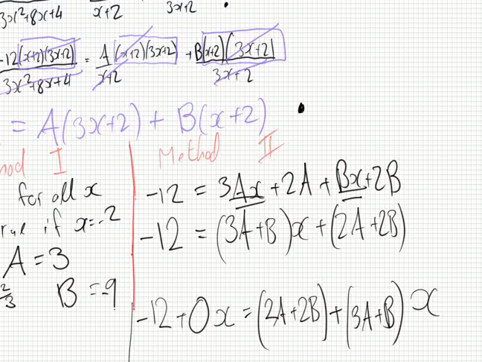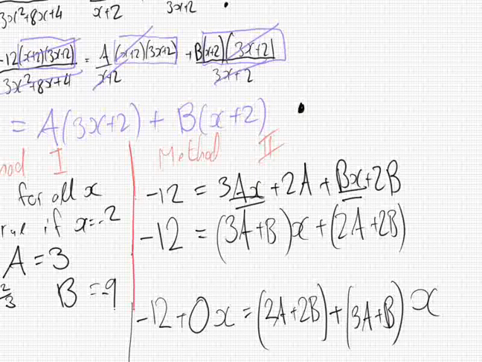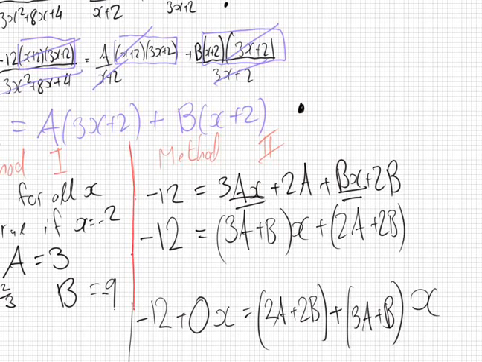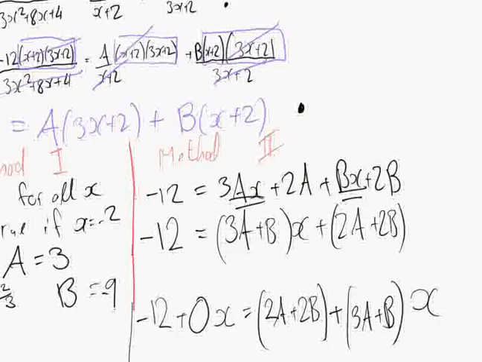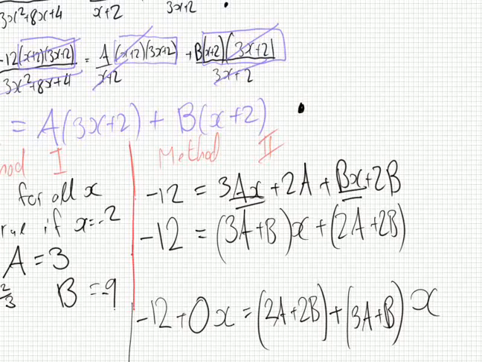Compare. If you look at the left, number plus number x. If you look at the right, number plus number x. In fact, it is correct to say minus 12 must match 2a plus 2b, and 0 must match 3a plus b.